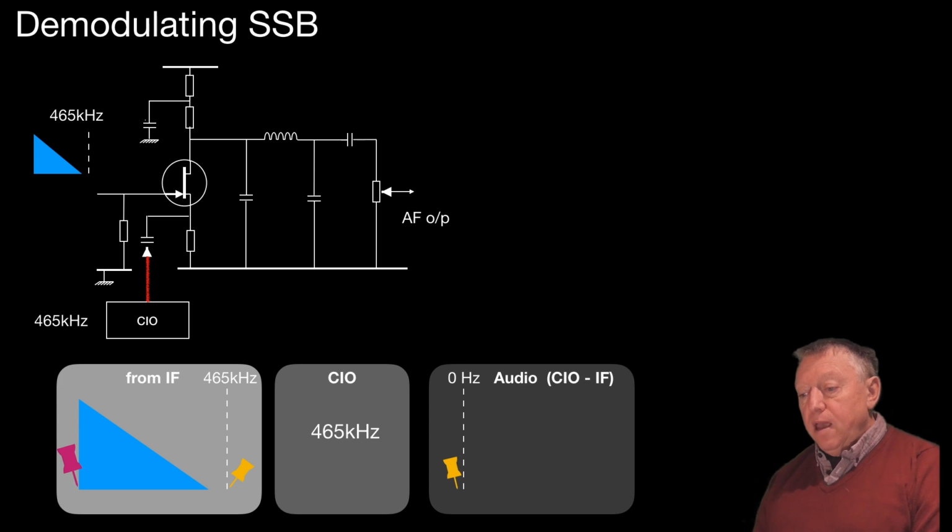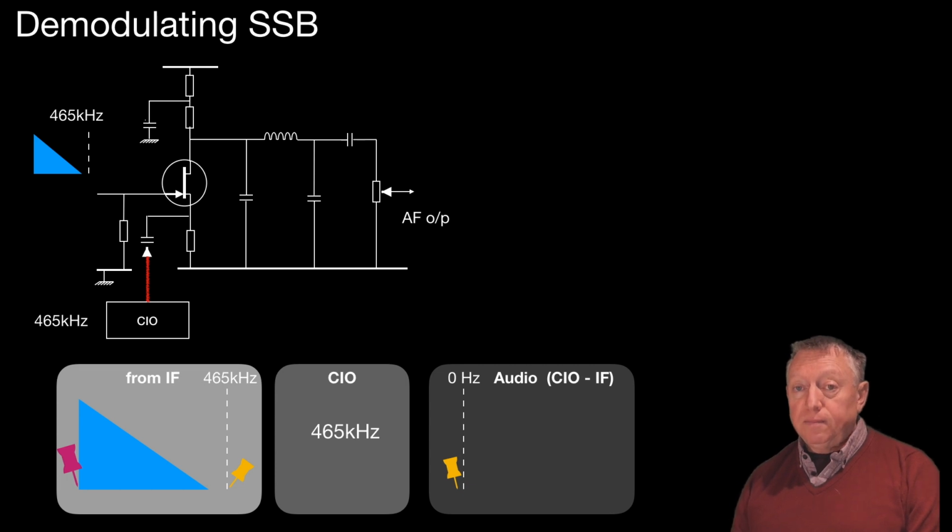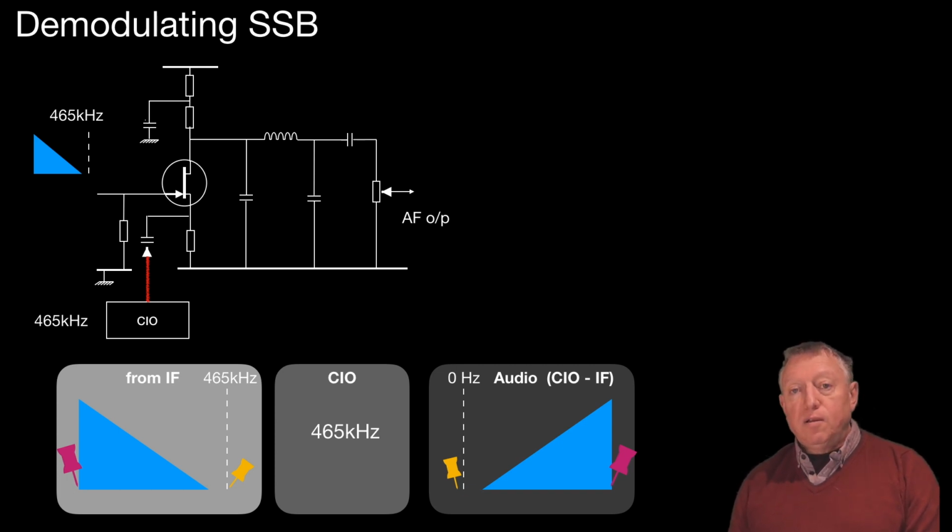In other words, it'll be 465 minus the 3 kilohertz maximum frequency that we can transmit. And the 462 will be put into the sum there, so it'll be 465 kilohertz minus 462 will be 3 kilohertz. So the pin for the audio will go in there, and there we have our audio output from 300 to 3000 Hertz. And that is the result we wanted.